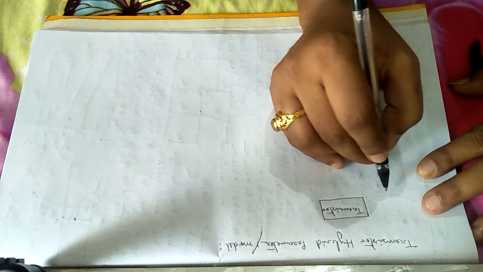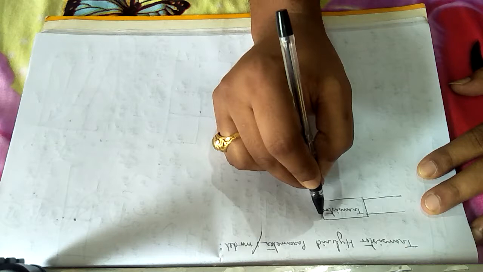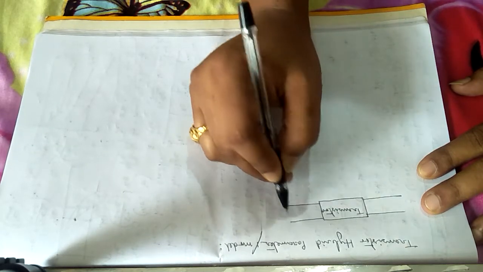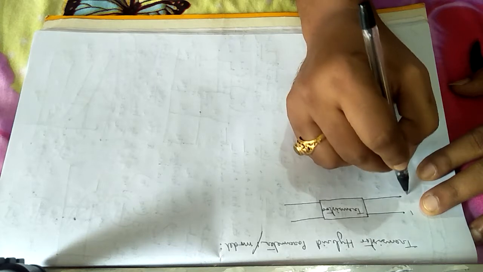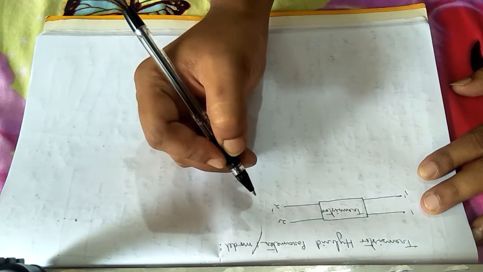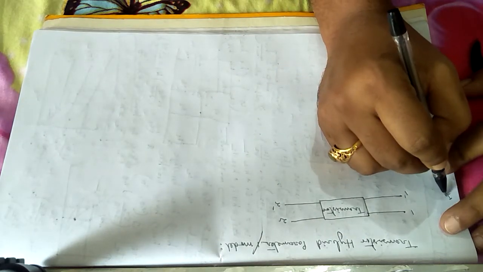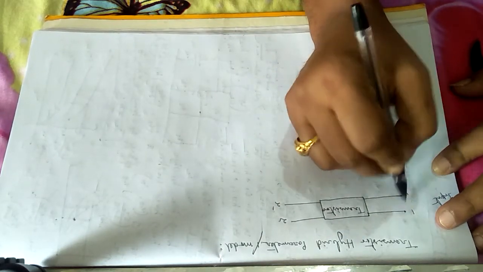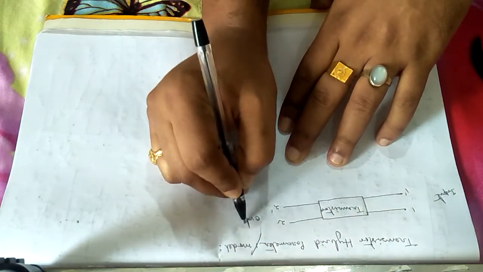In its simplest version, the transistor will have four terminals. What are the four terminals? First, let me name the terminals: 1, 1 prime, 2 and 2 prime. These two, 1 and 1 prime, are the input terminals, and these two are the output terminals.